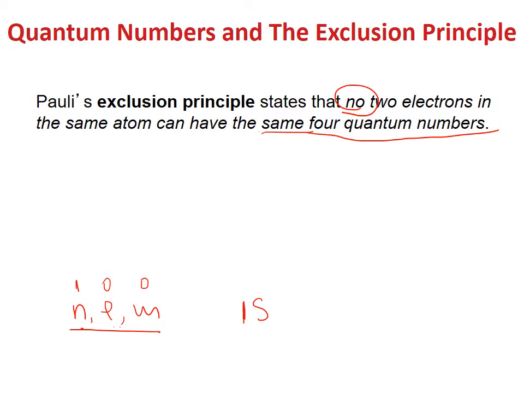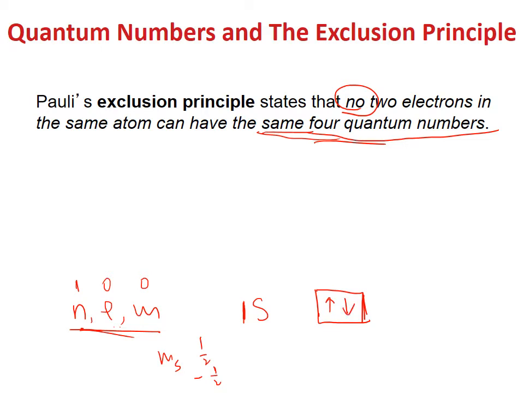Because you cannot have 2 electrons with the same 4 quantum numbers. If 3 are the same, the fourth one cannot be the same. So one must be positive half, the other negative half. If we use a square to represent the orbital, we have 2 electrons, one, let's say, spin up, the other spin down. So 2 spin directions.